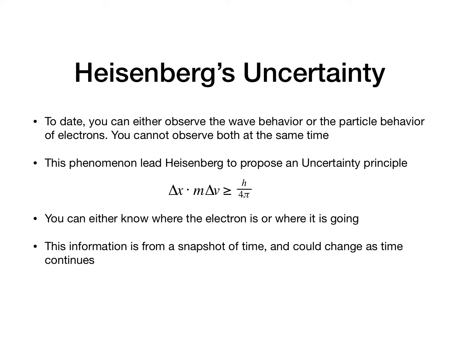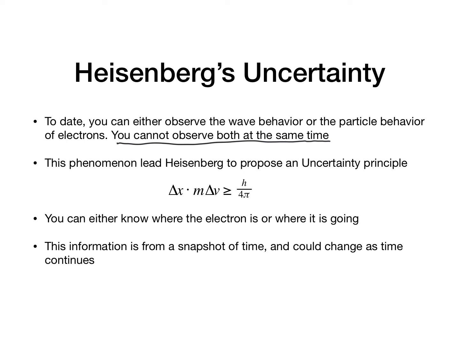These experiments were first conducted many, many years ago, but today you can only observe the wave behavior or the particle behavior. You cannot observe both at the same time. You can observe either how the electron behaves as a particle or as a wave. This led Heisenberg to propose an uncertainty principle.